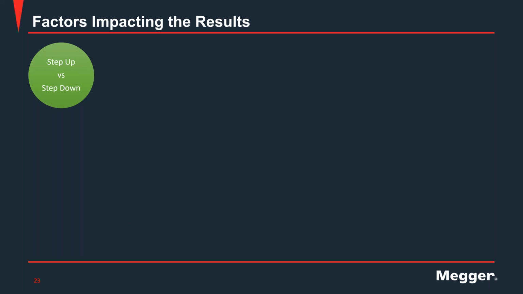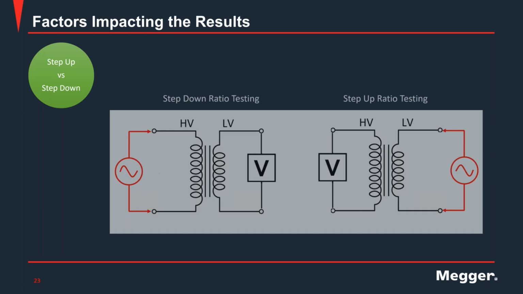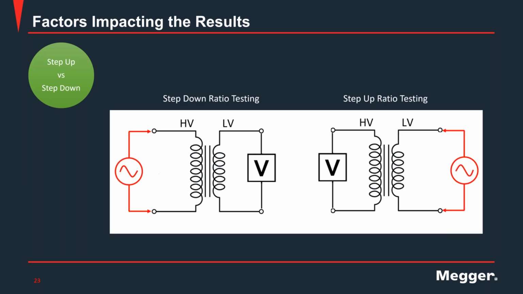Right? Then we look at step up versus step down. As I already mentioned, the typical traditional way to perform TTR is step down. Many reasons. The main one I would argue is safety, right? As a test instrument manufacturer, you obviously spec your instrument for a certain range of ratios, but then again, that range is typically wide.